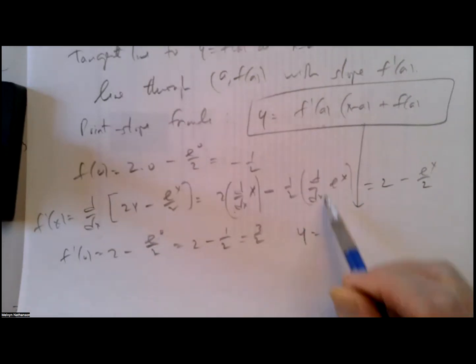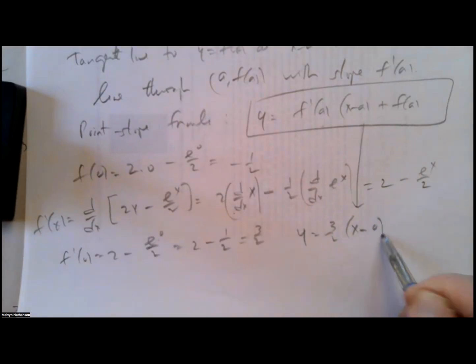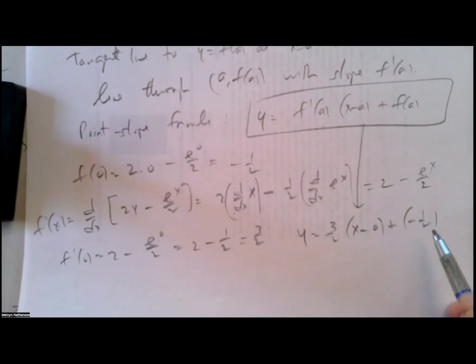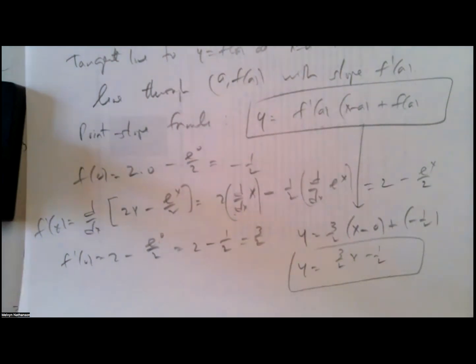It's y equals the derivative 3 halves times x minus 0 plus f of 0, which is minus a half. So y is 3 halves x minus a half. That's the tangent line. Right? A question about that?